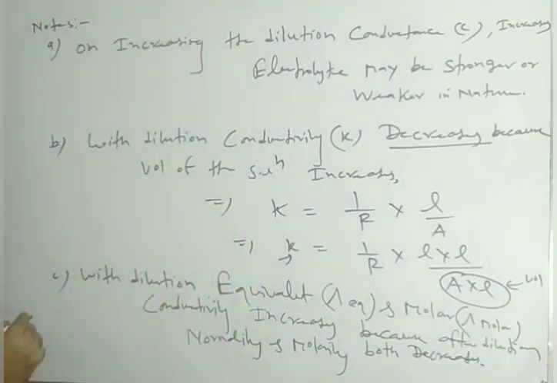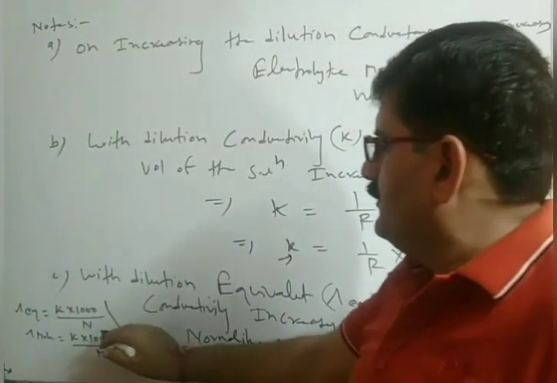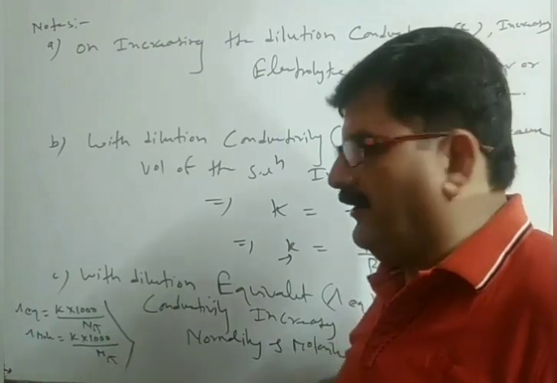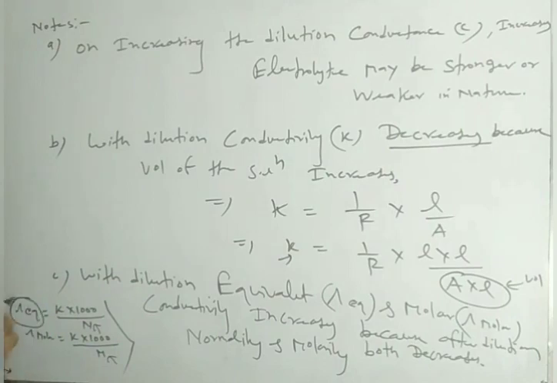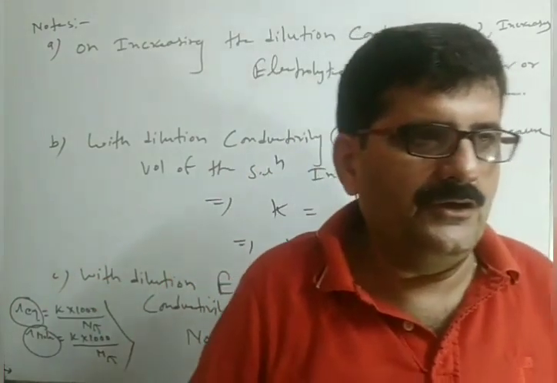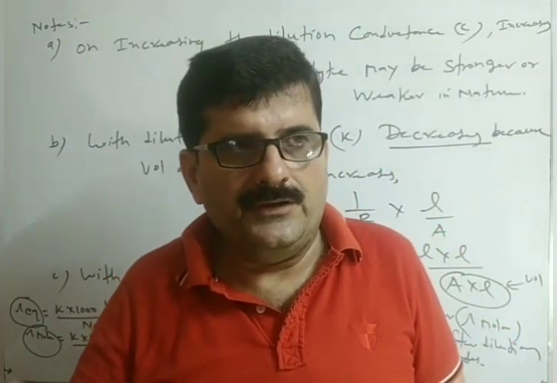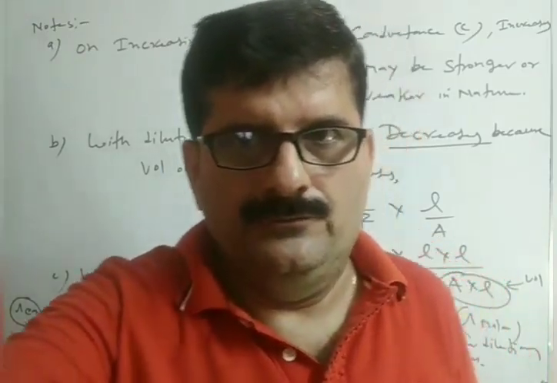We know very well equivalent conductivity is K into 1000 by N, and molar conductivity is K into 1000 divided by M. When the solution becomes diluted, then N and M both decrease. That's why equivalent conductivity and molar conductivity both increase. So such are the effects on the conductivity value after dilution.